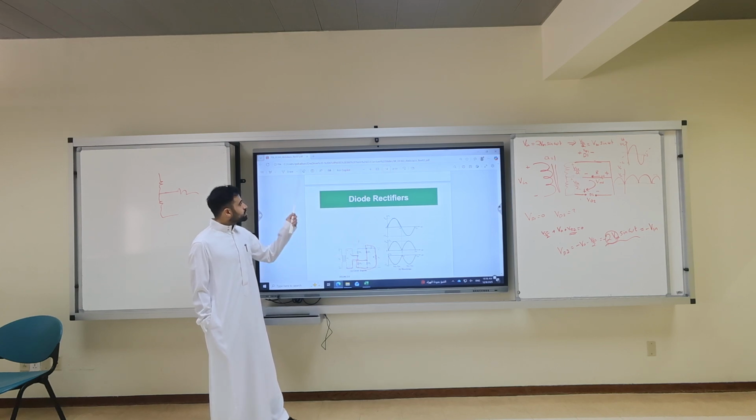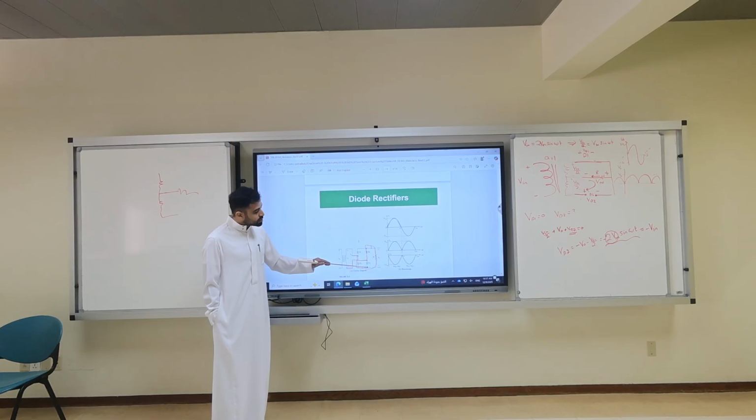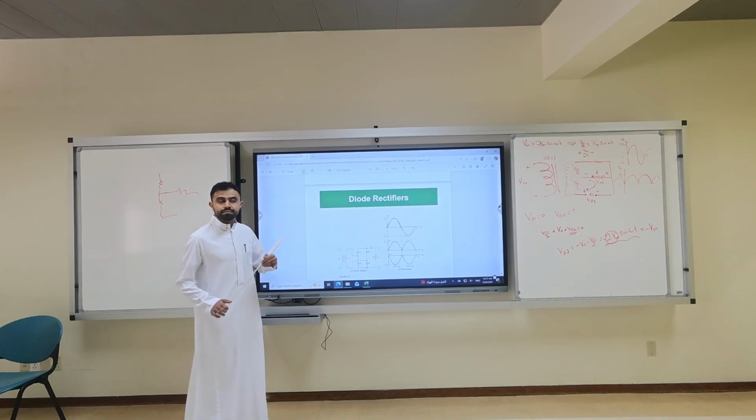The idea with the diode is that, rather than doing an assumption, you have to guess which one is higher, the anode or the cathode. So in the positive cycle, the anode of D1 is higher than the cathode, most likely. The anode of D2 is most likely higher. In the negative cycle, the anode of D3 is mainly higher. Okay? Yes.